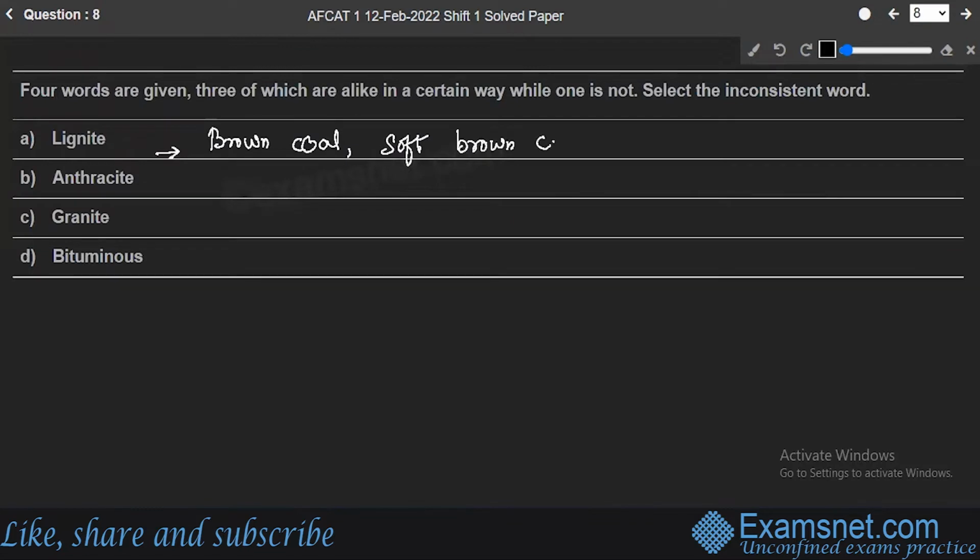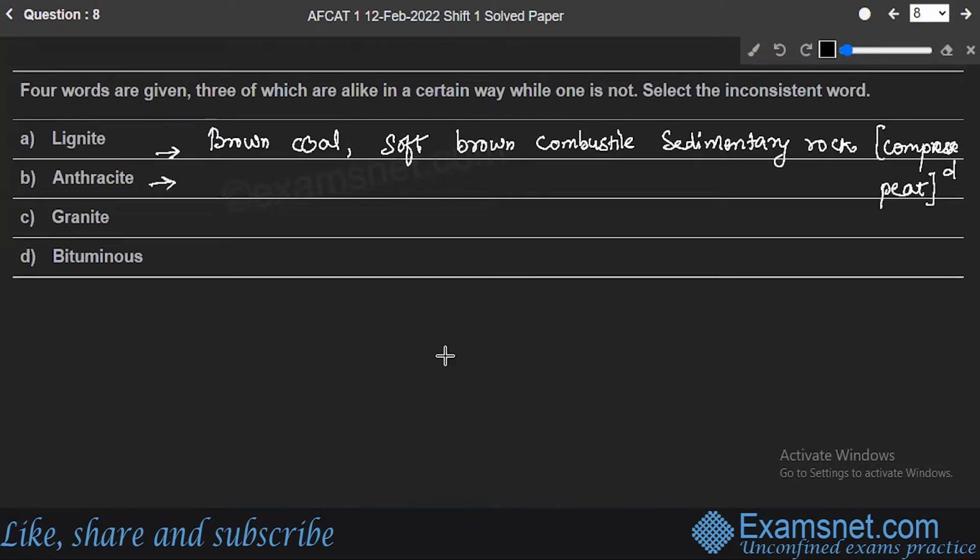Soft brown combustible, that means which can ignite easily. Sedimentary rock that is formed from naturally compressed peat.